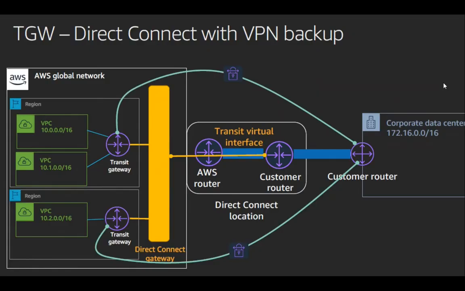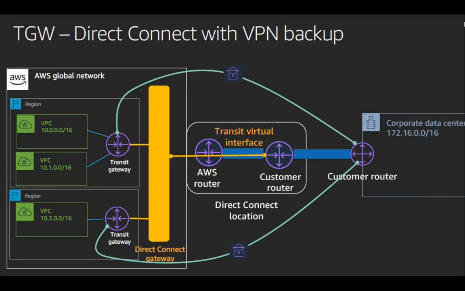As a backup, you can also have an IPsec VPN connection terminating at your transit gateway. So if for some reason your transit virtual interface is down or not responding, you can still reach your customer router, which is located in the customer corporate data center, here on your right hand side, via IPsec VPN. This is a backup strategy that many enterprises adopt.